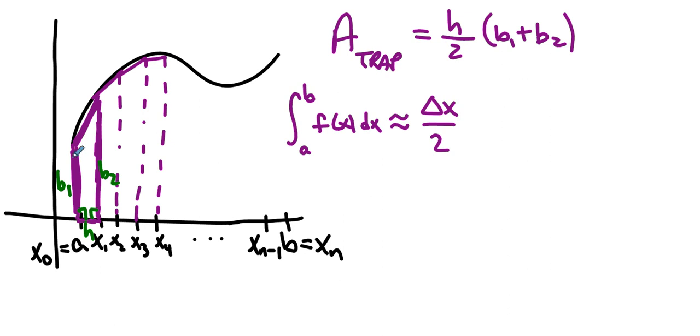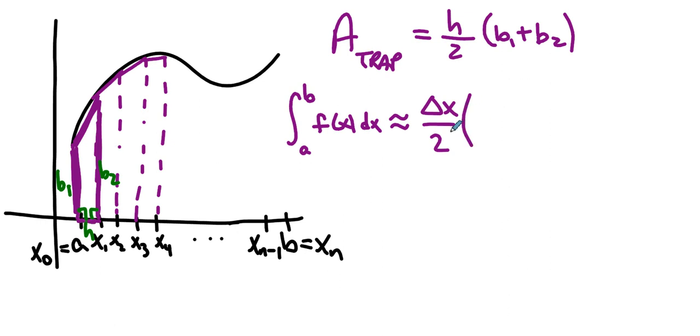And then what do we have? We have this base plus this base, and then this base plus this base, and so on all the way across. So the first base gets counted once with the first trapezoid, the last base gets counted once with the last trapezoid, but every other base counts twice.